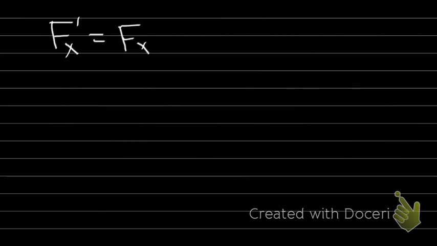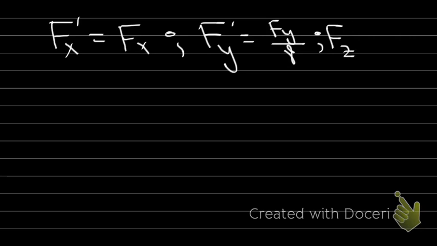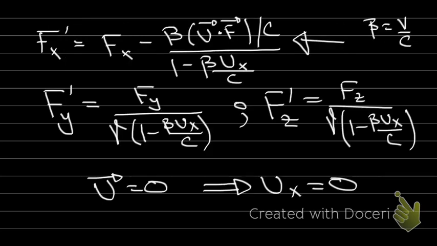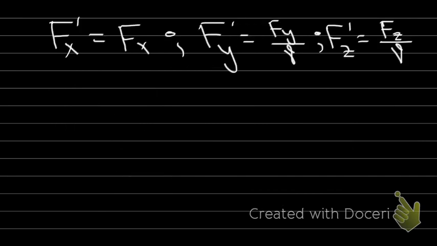Okay, so that gives me fx prime is equal to fx, and my fy prime is equal to fy over gamma, right? And my fz prime is then equal to fz over gamma, right? So all I have done is substituted for u vector and ux being equal to 0 from here, right? Okay, so let's go back here.